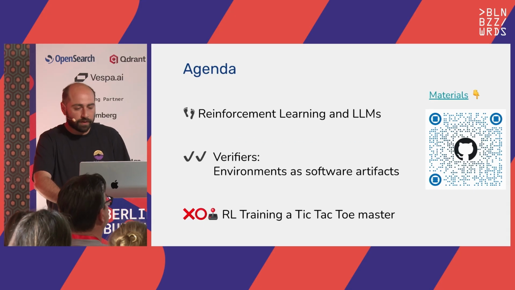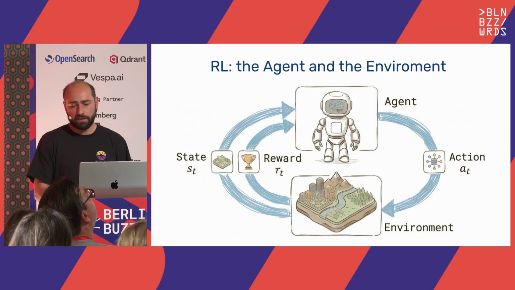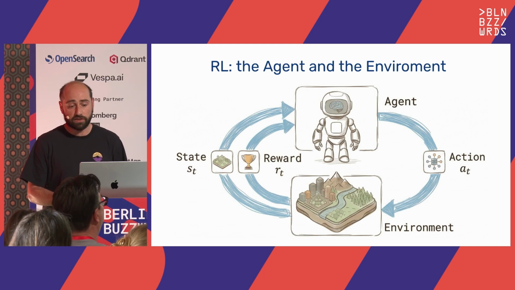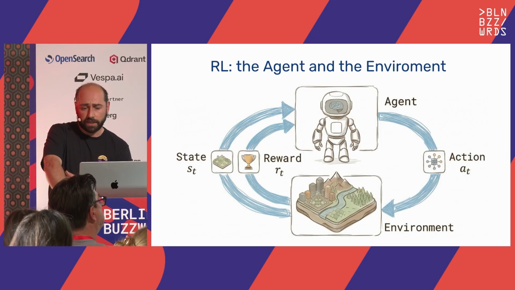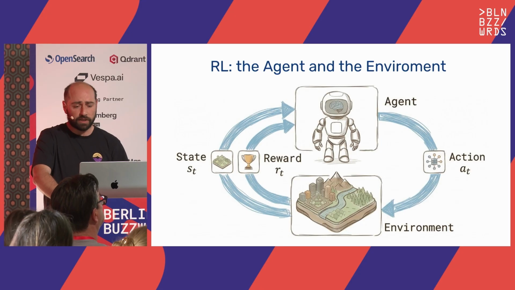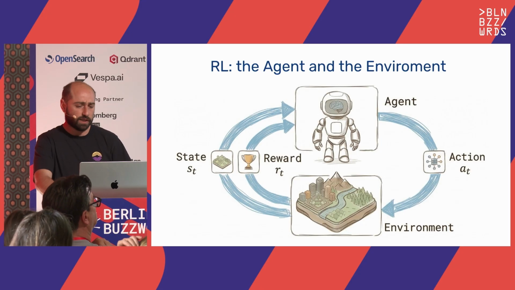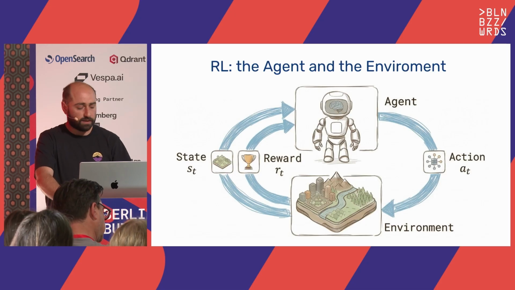So let's start. In reinforcement learning, there are two main characters, the agent and the environment. The environment is the world where the agent lives. And at each step, the agent takes an action, and the environment modifies its state in response to this action, and also provides the agent with a reward, a number indicating how good or bad the state is.